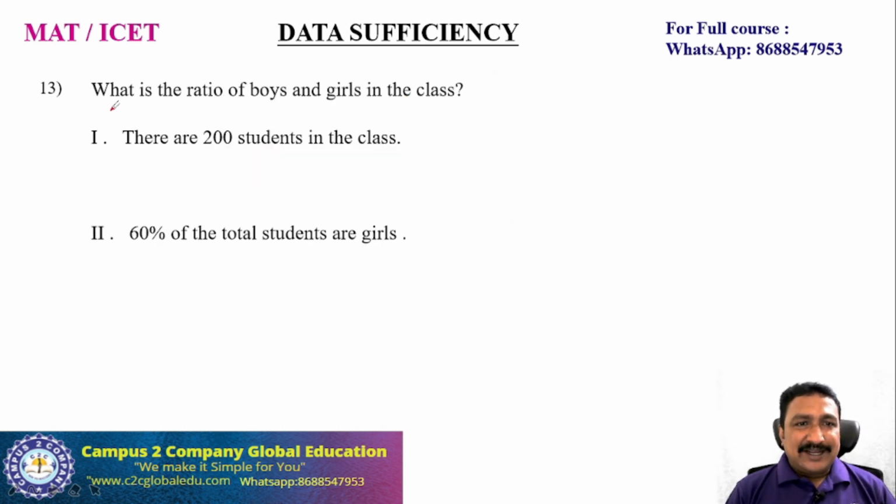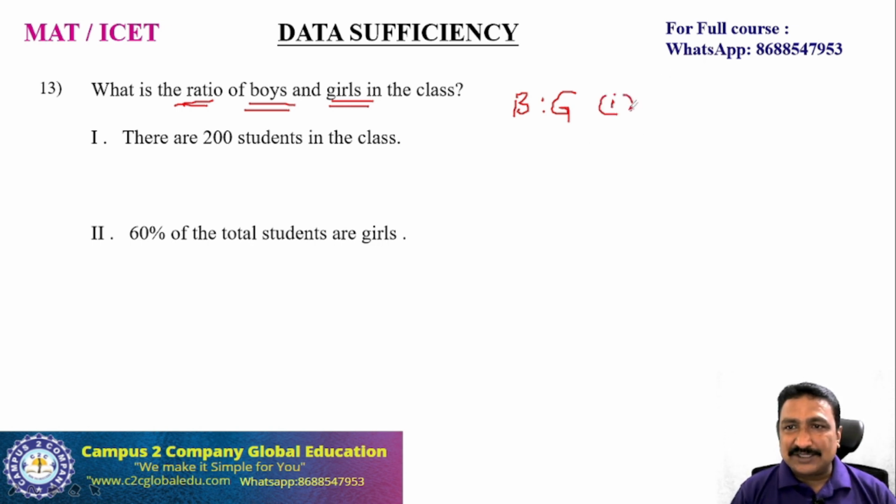Now look at the next question. What is the ratio of the boys and girls? So, what is the ratio of the boys and girls in the class? So we have to find out B is to G. So when can we find the ratio of the boys and girls? There are two cases. First case is if you know the boys' strength and girls' strength, we can find out this question's answer.